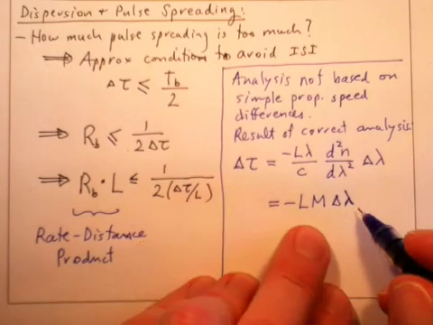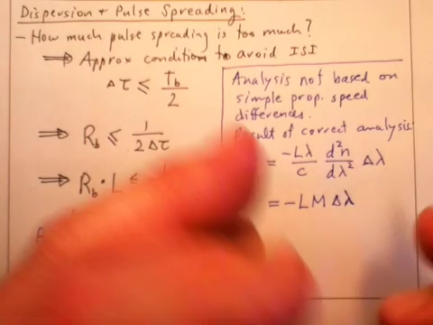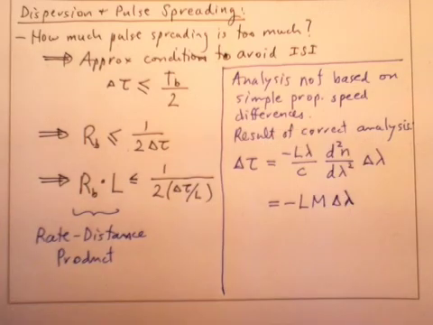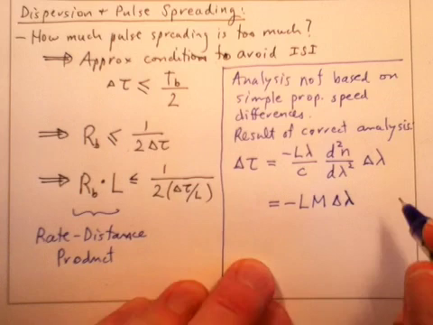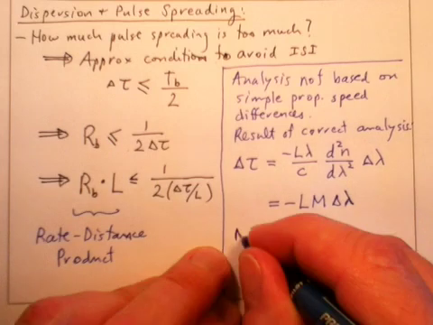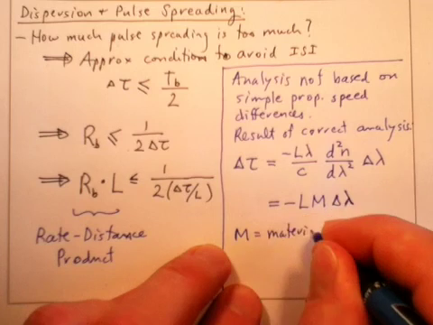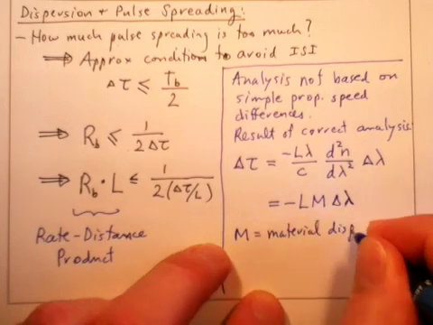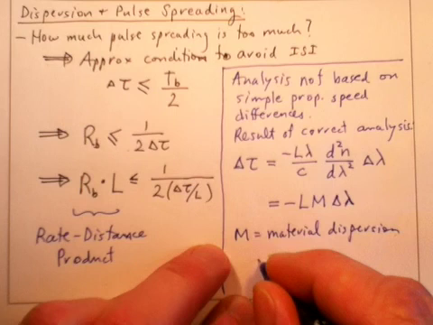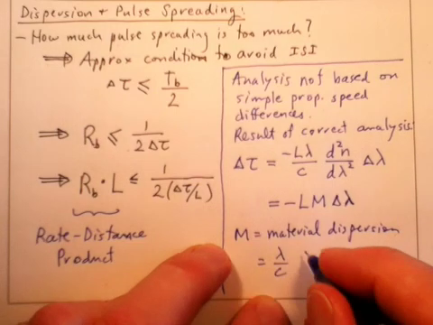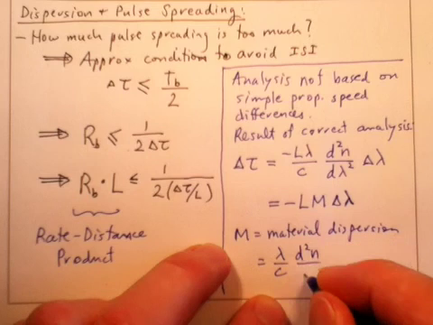It doesn't really matter, but the sign is indicative of the fact that either longer or shorter wavelengths are going faster or slower. And M is called the material dispersion. And it is lambda over c, times the second derivative of n with respect to lambda squared.